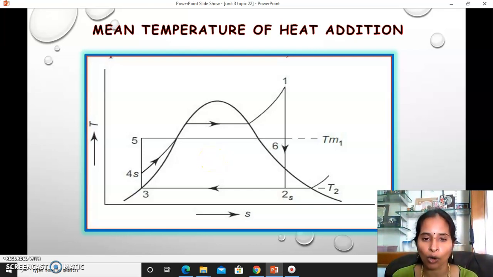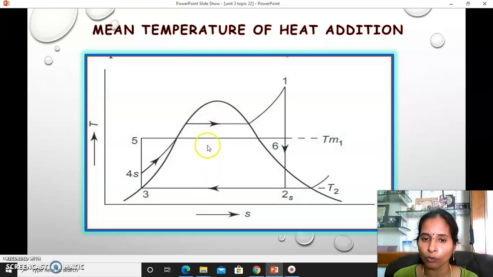And then what you can do is, after drawing or getting this constant temperature heat addition line for the Carnot cycle, you can keep it as the mean temperature of heat addition, and according to this mean temperature of heat addition, you have to fix your superheated temperature, economizer temperature and boiler temperature.